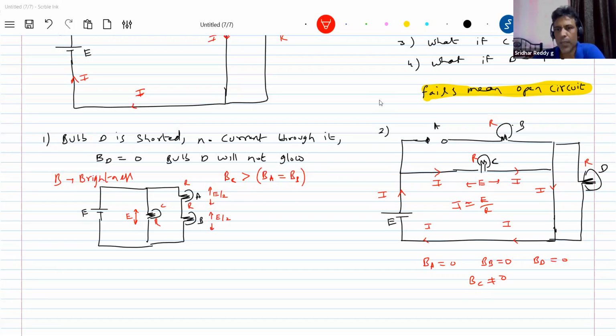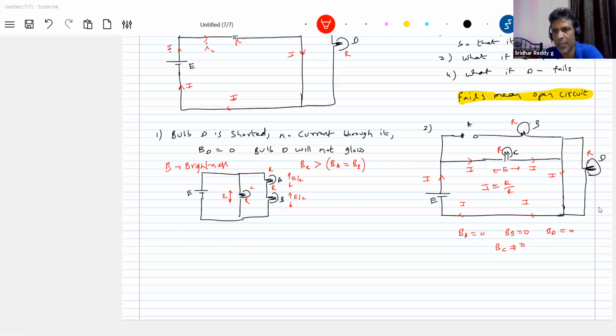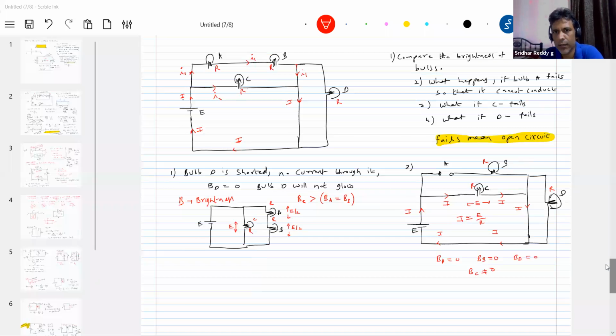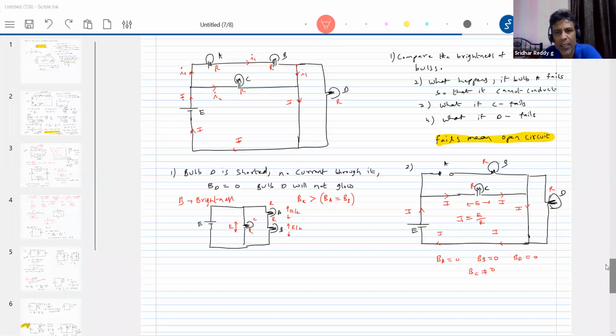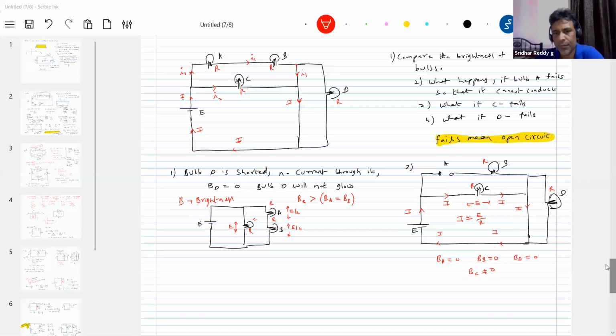Okay, this bulb fails. Fails means you have to assume like this. This is the condition. Now, what if C fails? What if C fails means make bulb C an open circuit. What if D fails? I'll discuss the third case.